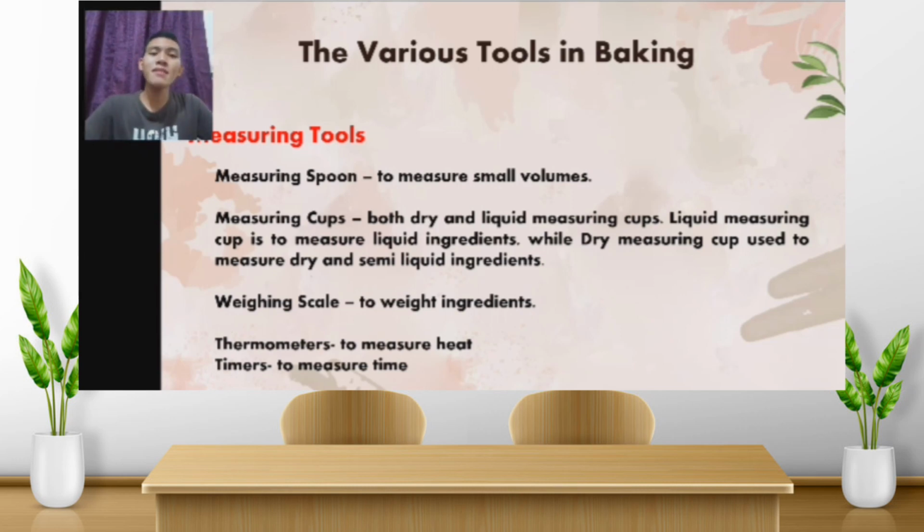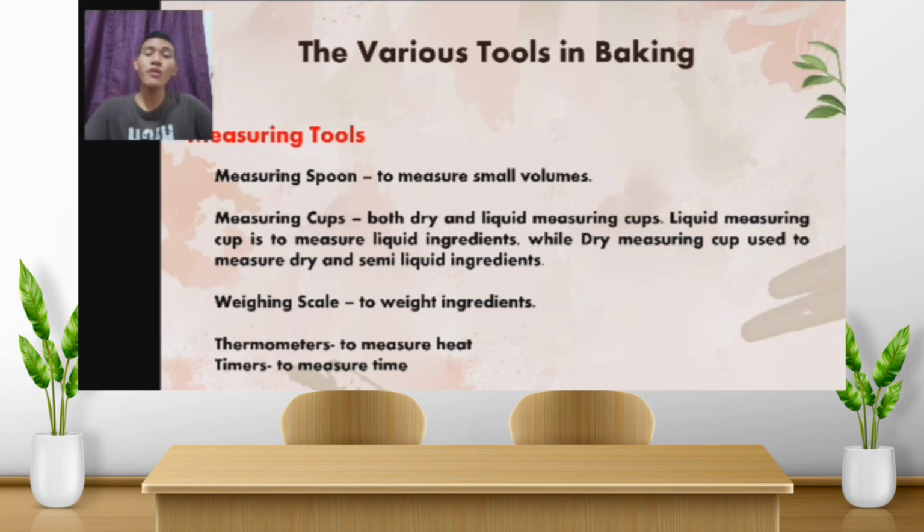Next up is the measuring cups. So there are two types of measuring cup, which are the dry and the liquid measuring cups. The liquid measuring cup is obviously to measure liquid ingredients, while the dry measuring cup, of course, is used to measure dry and semi-liquid ingredients.